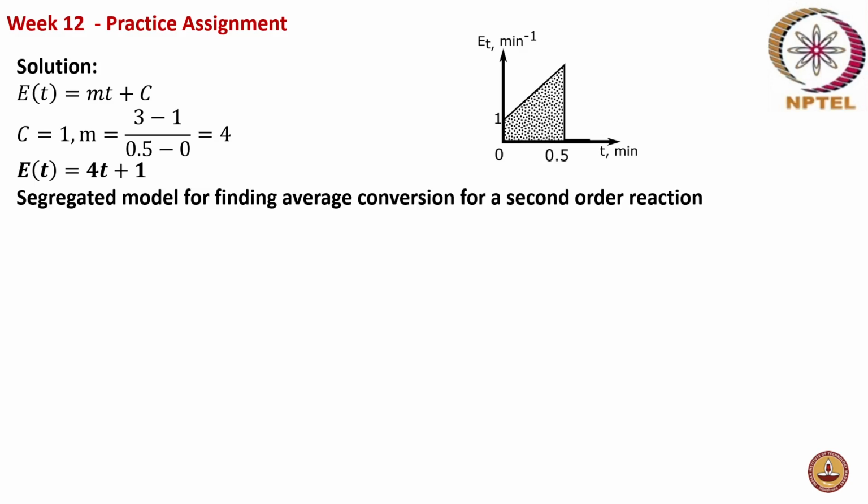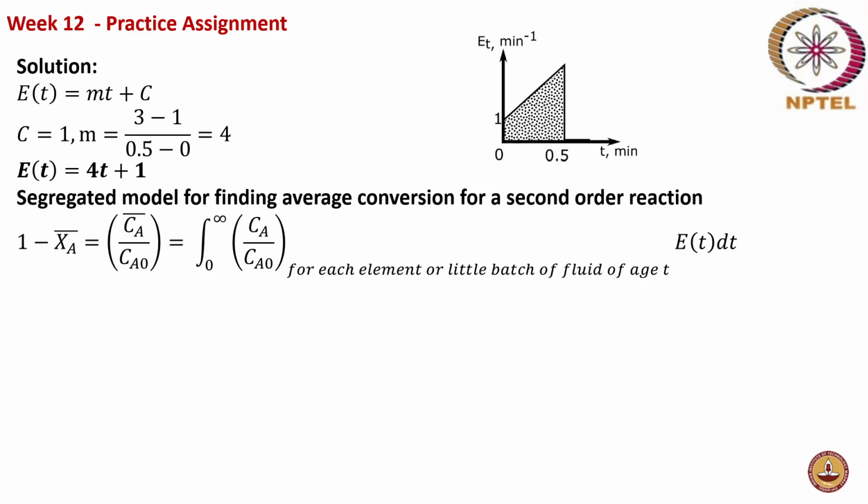Now the next step is the segregated model for finding the average conversion for a second order reaction. The expression is 1 minus X_A bar equal to C_A bar by C_A0, which is equal to the integral from 0 to infinity of C_A by C_A0. In the segregated model, each element of the fluid can be considered as a single batch reactor, or a little batch reactor, of age t, multiplied by its residence time distribution E of t dt.